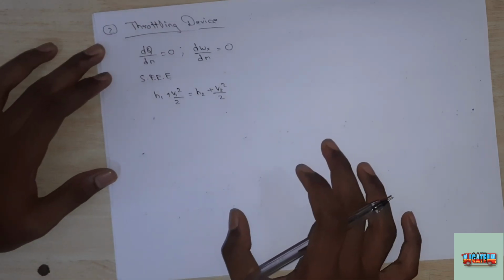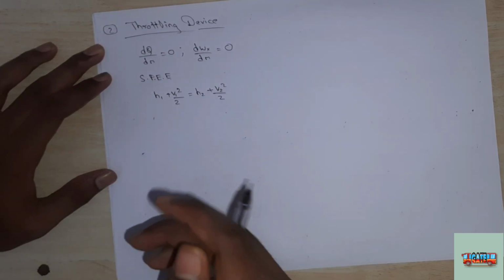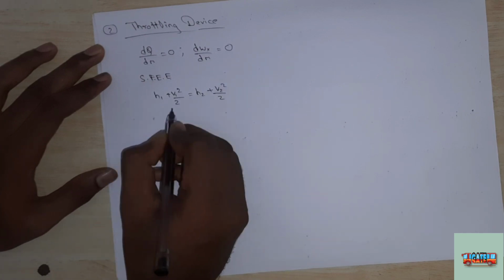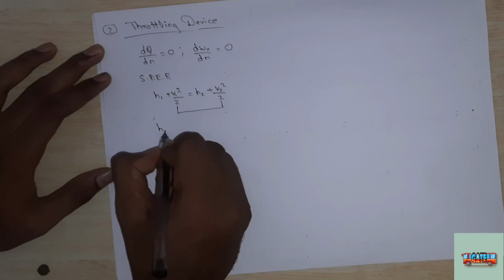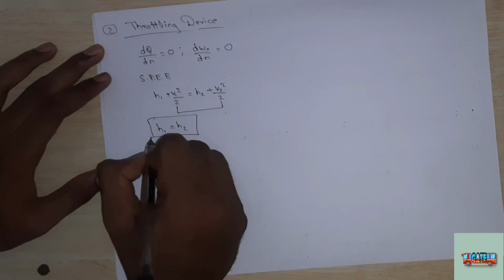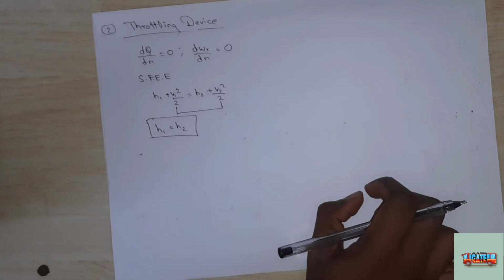In this case, the pipe velocities in throttling are so low that the kinetic energy terms can also be neglected. Means v1 square by 2 and v2 square by 2 can be neglected. So h1 equal to h2. So the enthalpy of the fluid before throttling is equal to the enthalpy of the fluid after throttling.